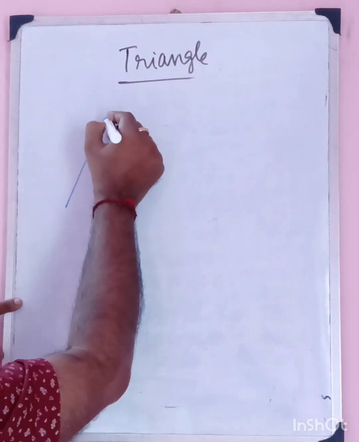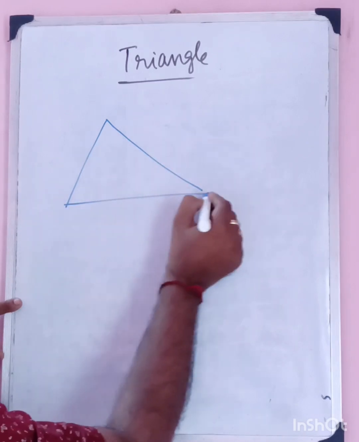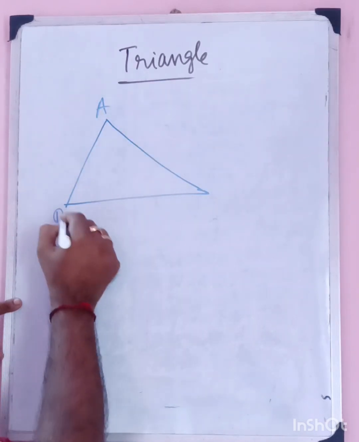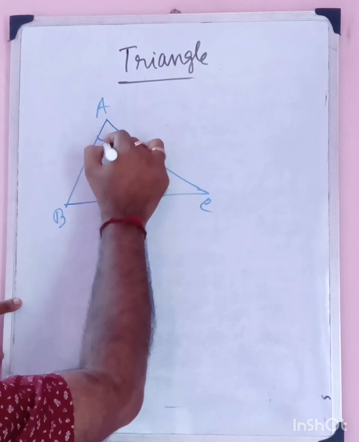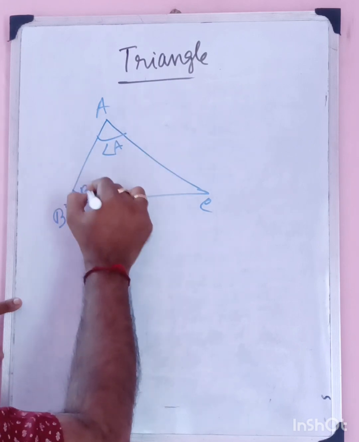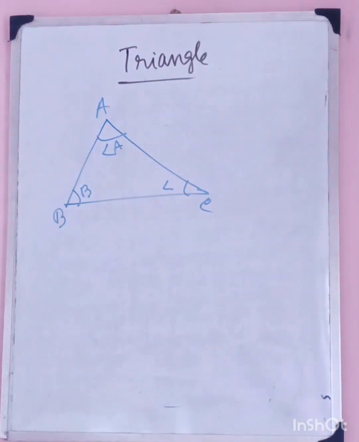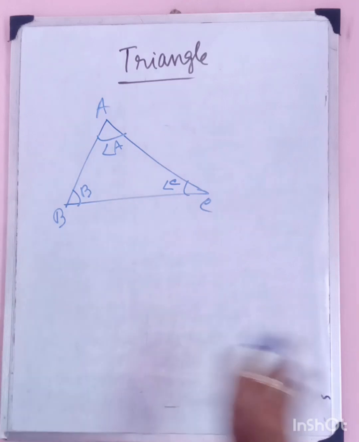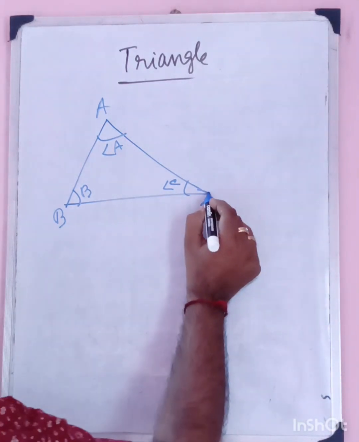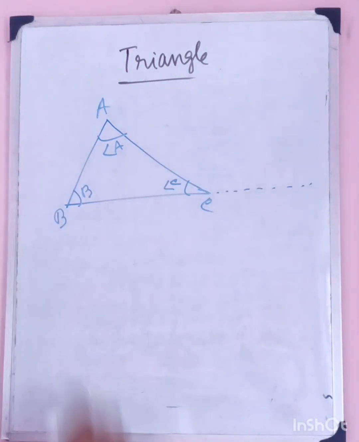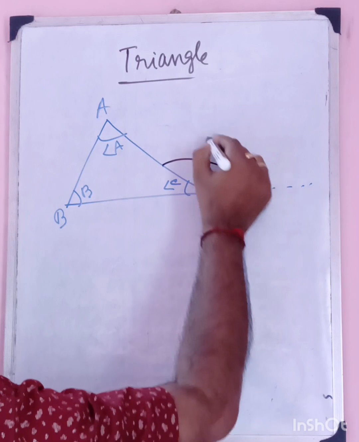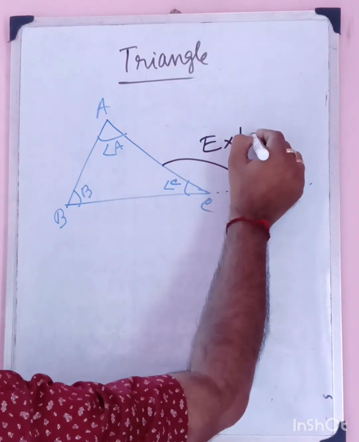If we draw one triangle like this, A, B, C, angle A, angle B, angle C, then if you extend any side to any direction, suppose in this direction, then the angle formed outside is called the exterior angle.